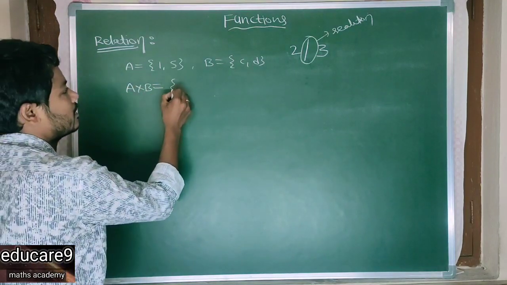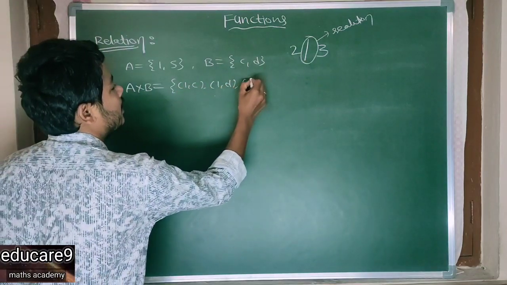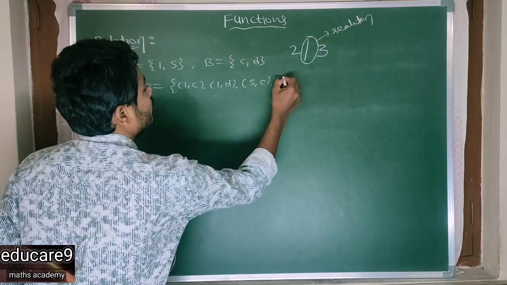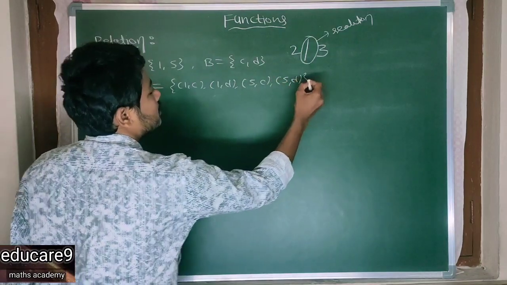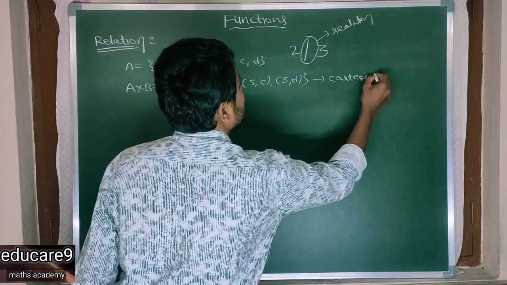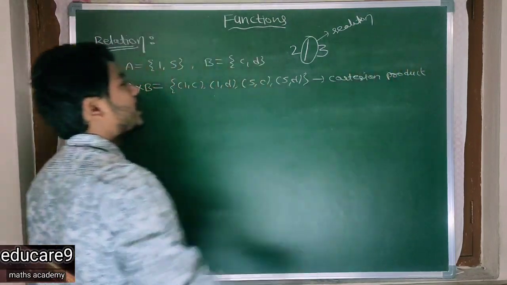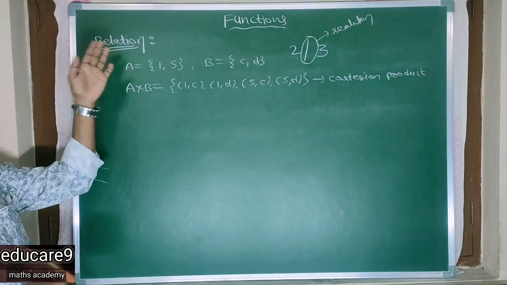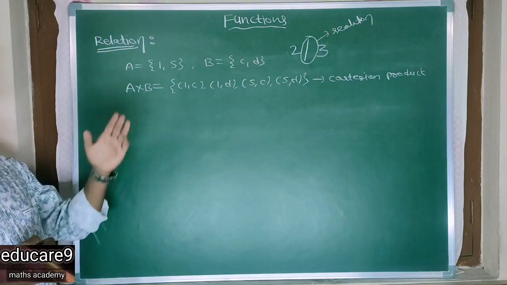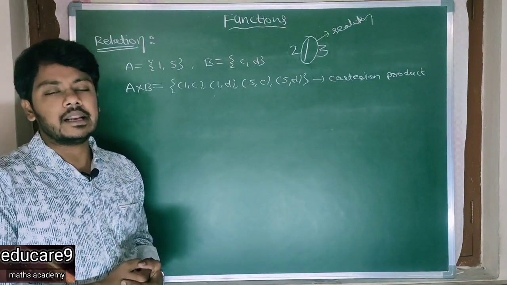That is, (1, C), (1, D), (5, C), (5, D) is the Cartesian product. And relation means any possible subset of the Cartesian product is called a relation.